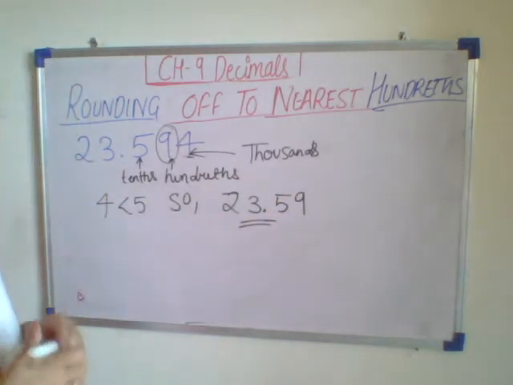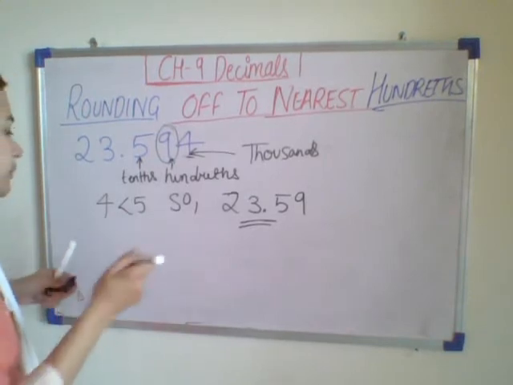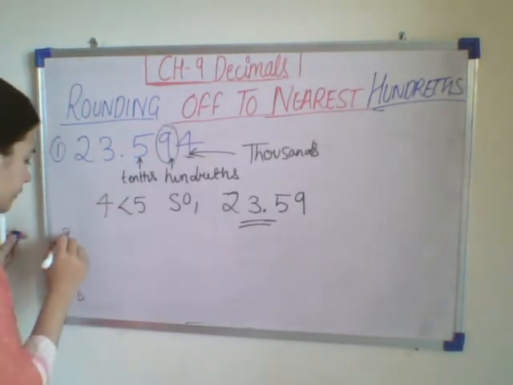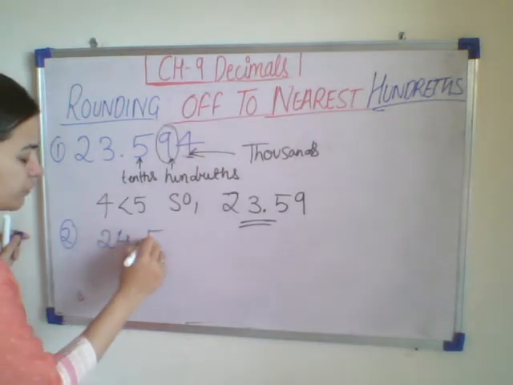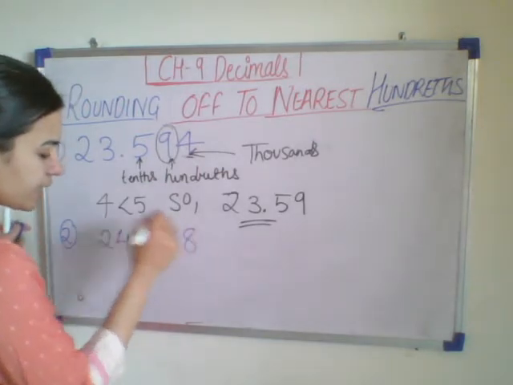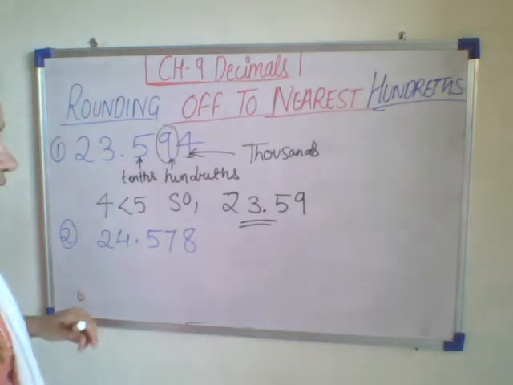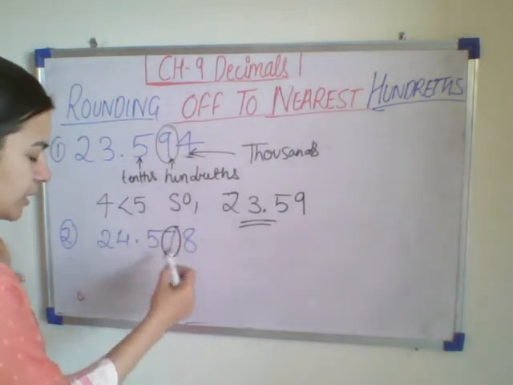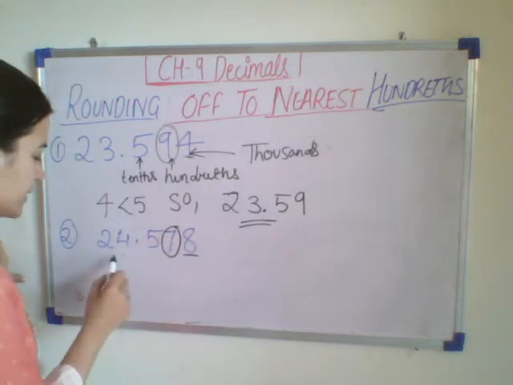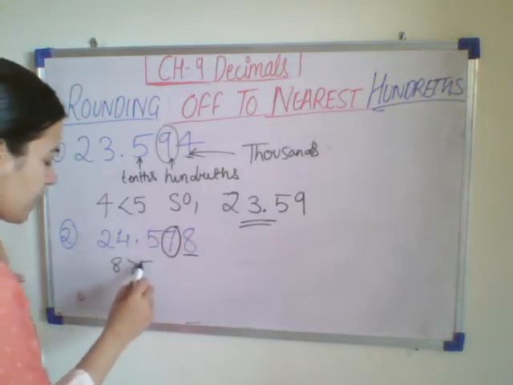Let us take one more example. 24.578. We have to round off this digit to the nearest 100th. This is the 100th place. The digit right to it is 8. Now 8 is greater than 5.